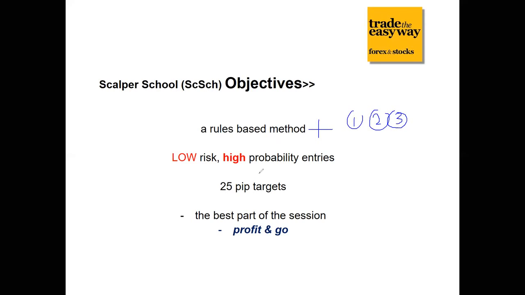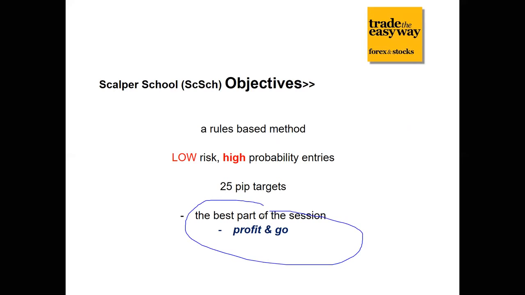But we're looking for 25 pips a trade, and normally 1 to 3 trades in a session. Where does that come from? Yeah, the best part of the session, creaming off the volatility in the market and then walking away.